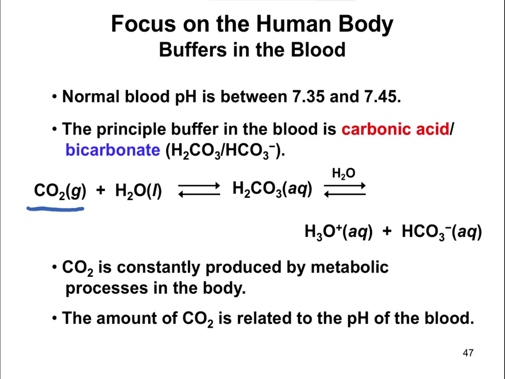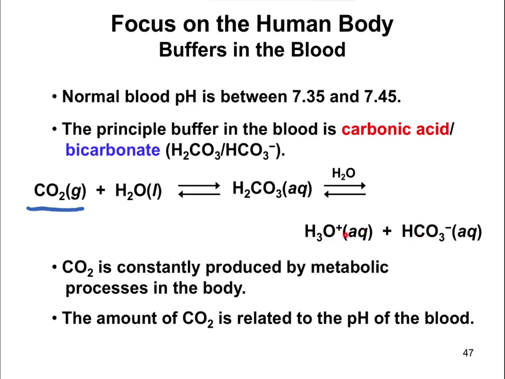And the idea here is that in your cells, in your tissues, carbon dioxide is constantly being made throughout your metabolism. So you can imagine the more CO2 you have, you're going to drive this whole process to the right. Think of Le Chatelier's principle. The more CO2, the more this reaction is going to go to the right, and eventually you're going to end up with increased amounts of H3O+ and HCO3-.